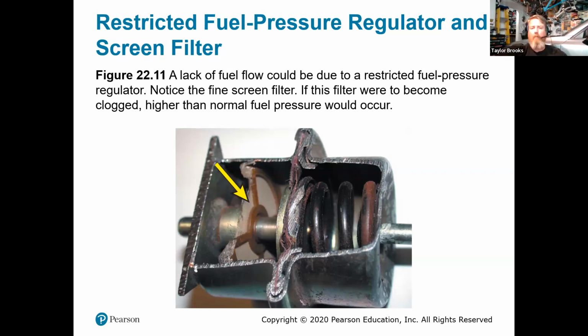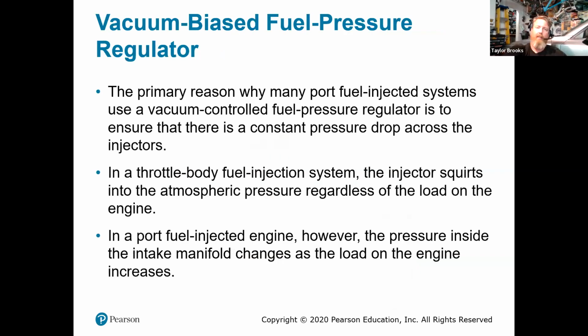But fuel pressure regulators are one of the things that do fail pretty consistently on fuel systems. When you have a fuel pressure regulator that is stuck in one direction or the other, usually they stick shut, you're going to have very low fuel pressure, if no fuel pressure whatsoever.